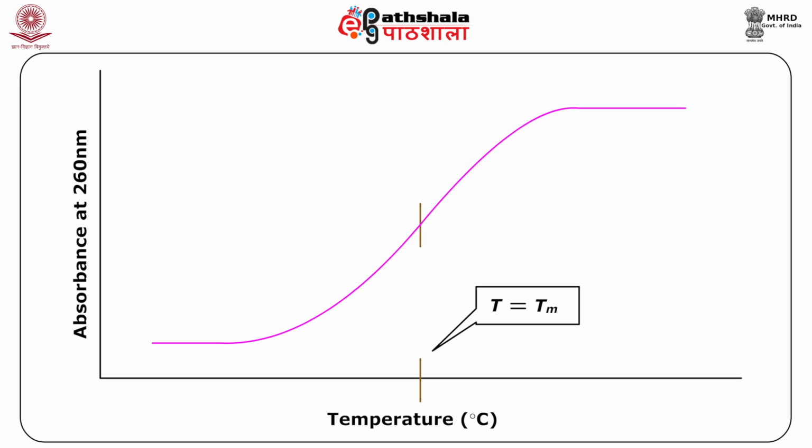Now clearly, for a double-stranded DNA, Tm increases with increasing number of GC base pairs because they are held together by 3 hydrogen bonds, whereas the AT base pairs are held together by only 2 hydrogen bonds. And hence, this can be used to estimate the number of GC pairs in DNA.